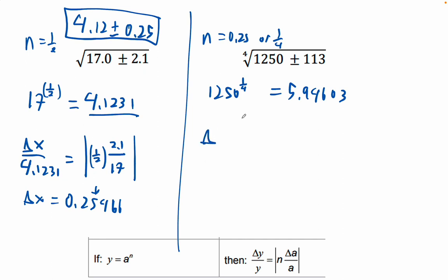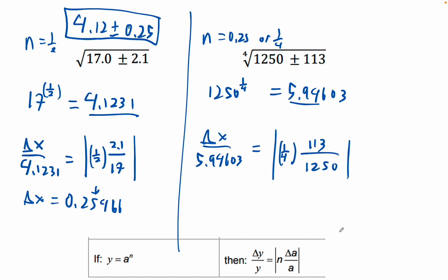So I'm going to go uncertainty of this number over 5.94603. That equals the absolute value. Our n is 0.25, I'll go 1/4, for you math purists, times 113 over 1250.